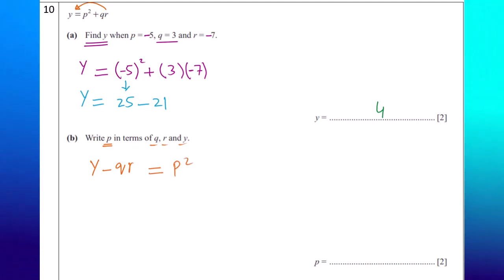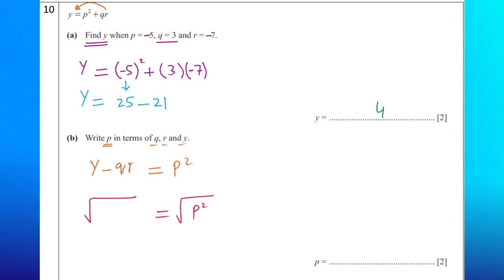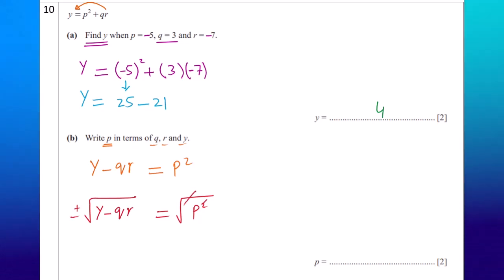And we already studied in the previous questions that if we want to remove the square, we will take square root on both sides. With the constant term, you have to write plus minus. Square and square root will cancel out each other. So what is the final answer? Plus minus square root of y minus qr.